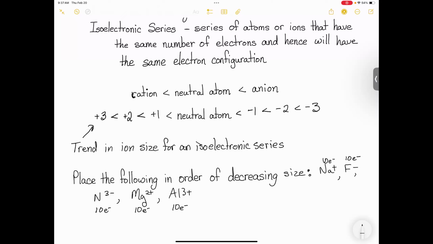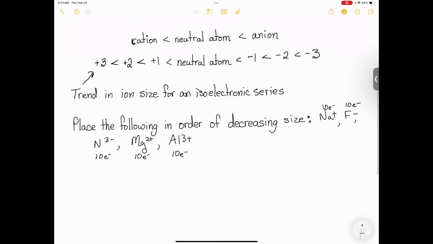So they are isoelectronic. So when we talk about putting these in order of decreasing size, since they're isoelectronic, I want the biggest of these first. So that means my N3 minus is going to be listed first.